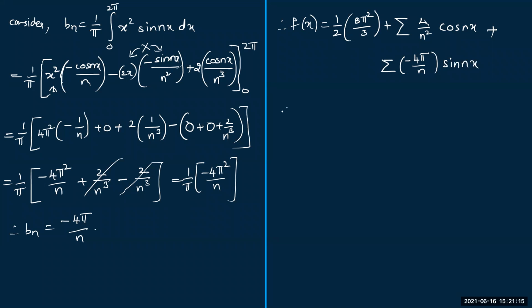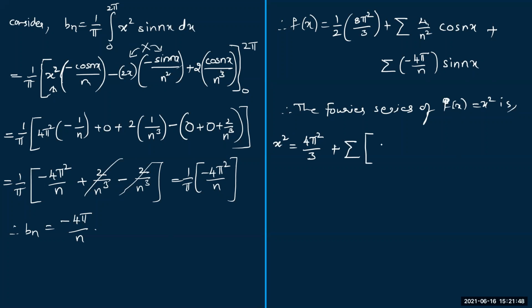Right? So if you just simplify this, therefore, the Fourier series of f of x equals x square is, see how much it is, x square equals, I'm just writing all this, if you divide 8 pi square by 3 by 2, we'll get it as 4 pi square by 3, then plus summation, I'm writing this together, 4 by n square into cos nx minus, here we have a minus, that minus I'm writing out of the summation, minus 4 pi by n into sin nx.